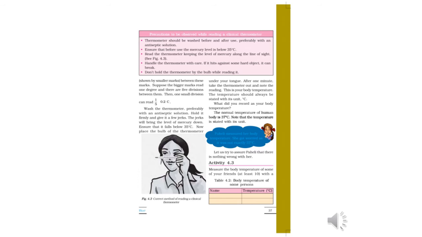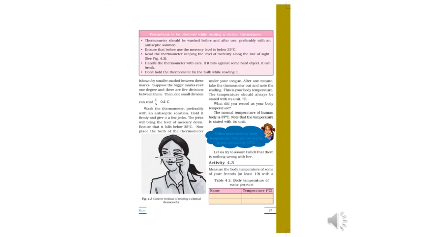Second point: ensure that before use the mercury level is below 35 degrees Celsius. Whenever we are going to use a clinical thermometer, we should ensure that the level of the mercury is below 35 degrees Celsius. Otherwise, the reading is wrong.